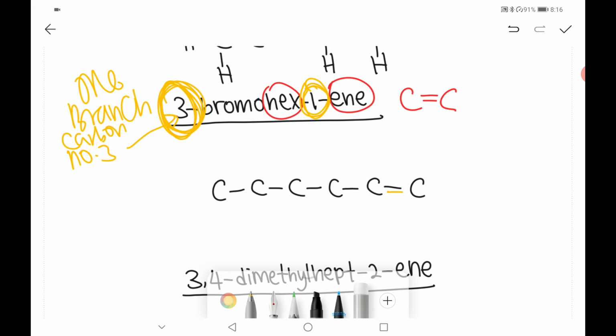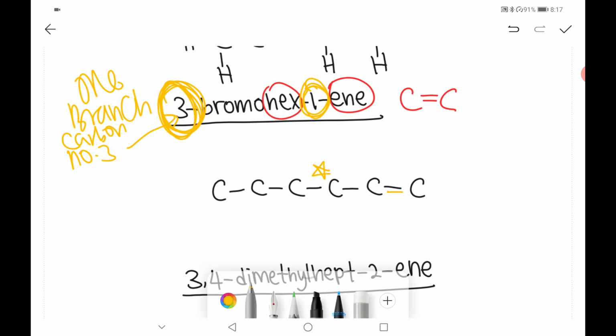Use the same direction to count the double bond and the branch. If you count the double bond from the left, then you count the branch from the left also. If you count the double bond from the right, which is what we are doing now, then you must count the branch from the right also. So you count from the right. So this is carbon number 1, number 2, and number 3. So you know this is the location of the branch.